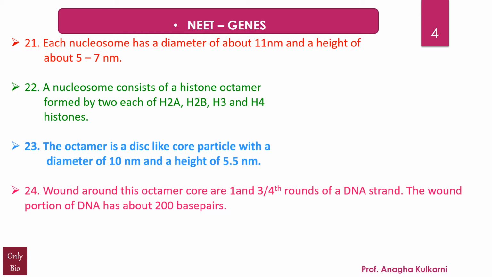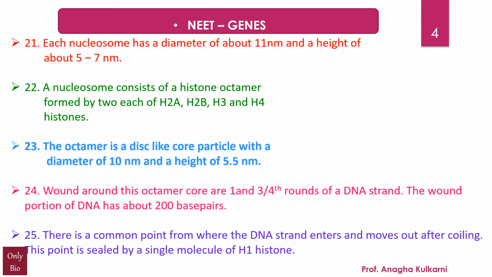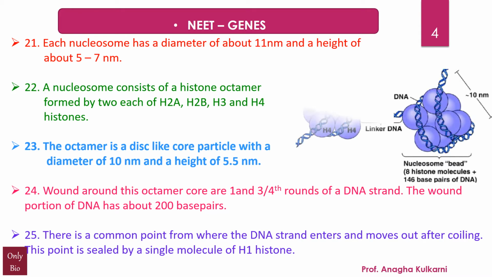Next, wound around this octamer core are 1 3/4 rounds of a DNA strand. The wound portion of DNA has about 200 base pairs. There is a common point where the DNA strand enters and moves out after coiling, and this point is sealed by a single molecule of H1 histone.